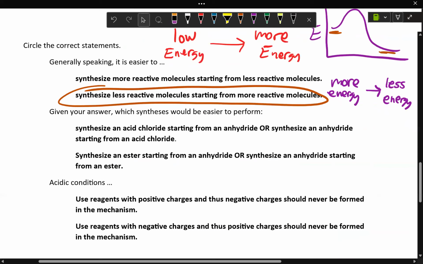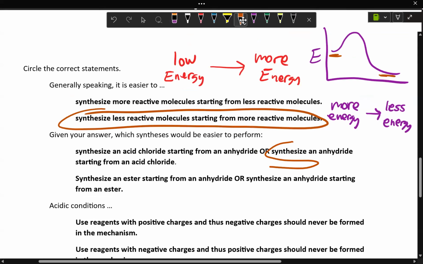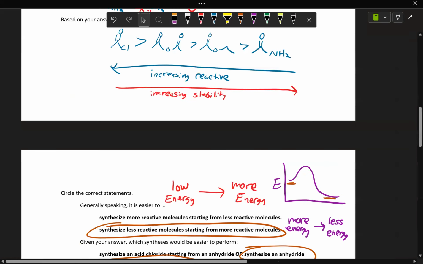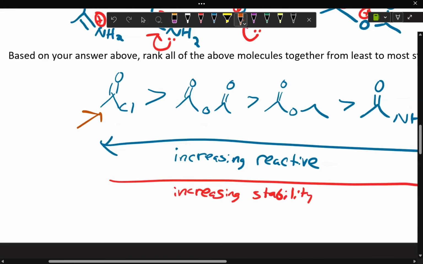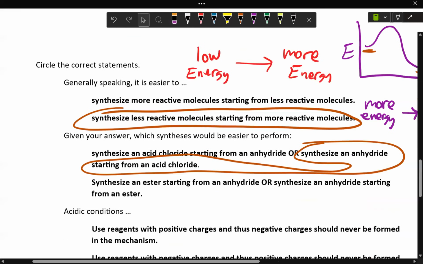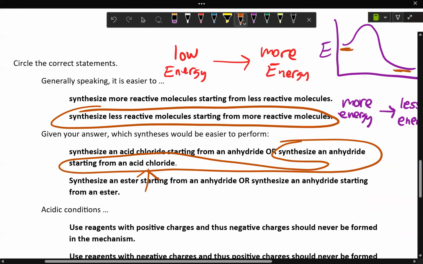Wait, I think maybe I messed up my wording, but no, it should be the second one. It's easier to synthesize an anhydride starting from an acid chloride, because it's easier to start with something with high energy and go to something with low energy than vice versa. Acid chlorides are more reactive than anhydrides, so it's easier to start with something with a lot of energy and end up with something with less energy than the starting material.